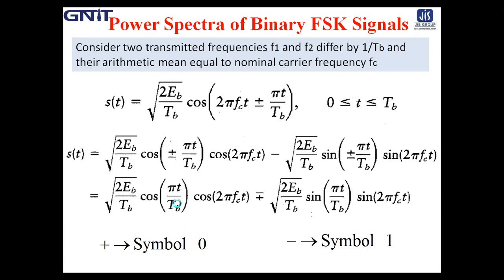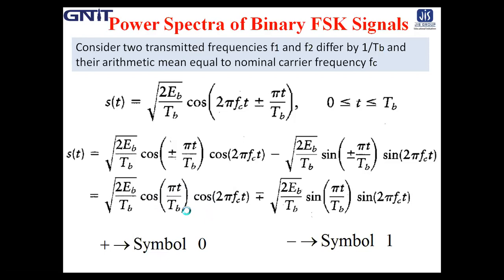The power spectral density of this component therefore consists of two delta functions weighted by the factor EB by 2 TB and occurring at f equal to plus minus 1 by 2 TB. So this is for the in-phase component.